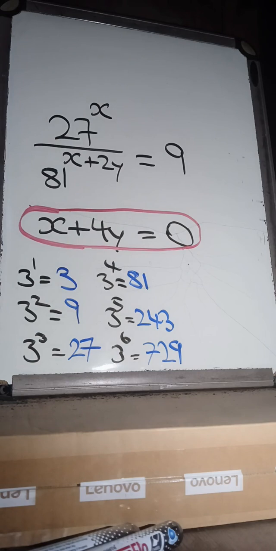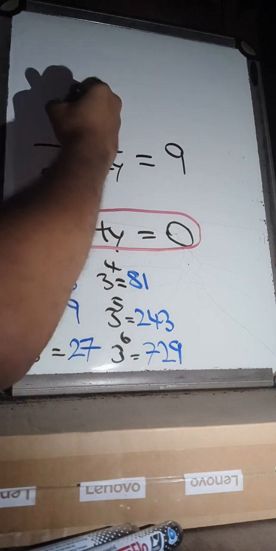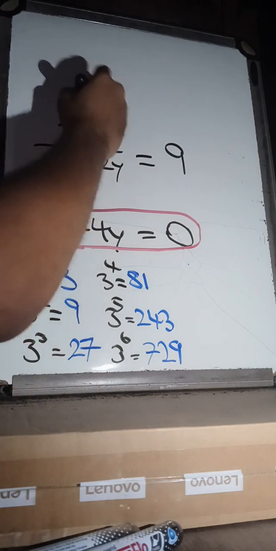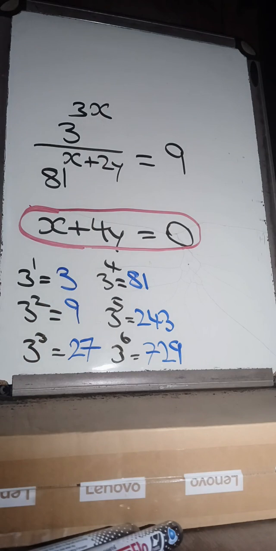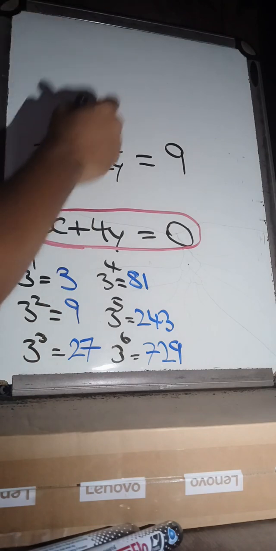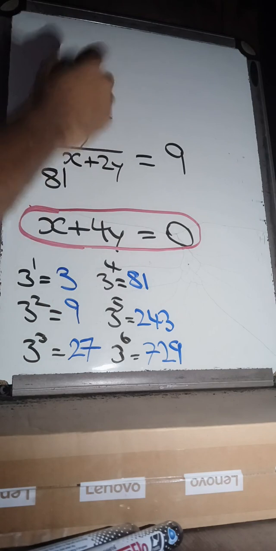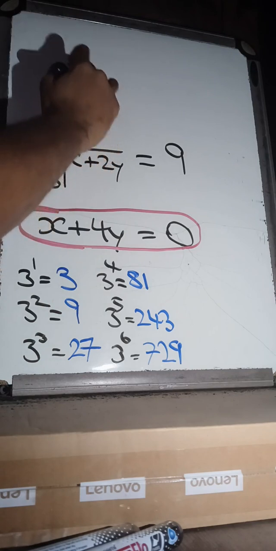So we at least know what one of our answers is. Right? But let's simplify some of it. If 27 is 3 to the 3, let's just change that to 3 to the 3x, right? Because even if you did this, 3 times x, you're gonna get 3x anyway.